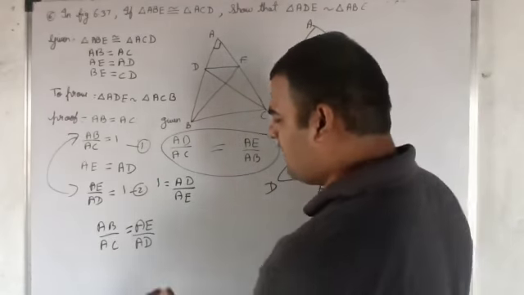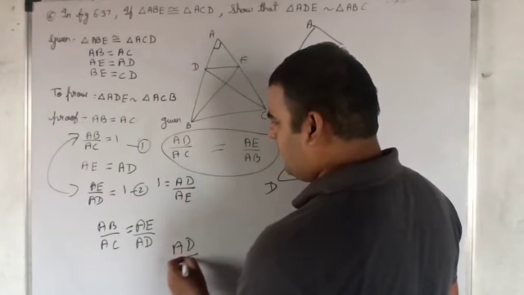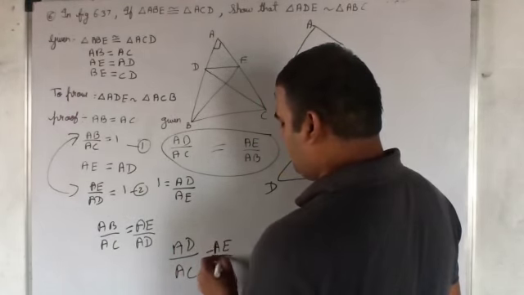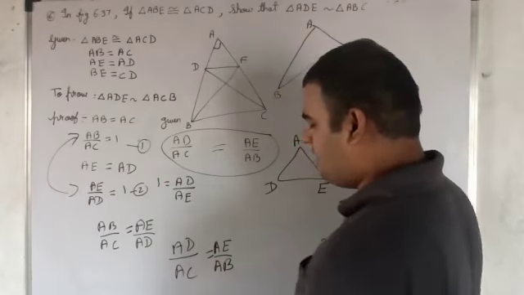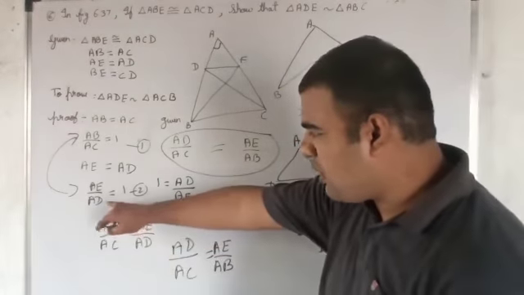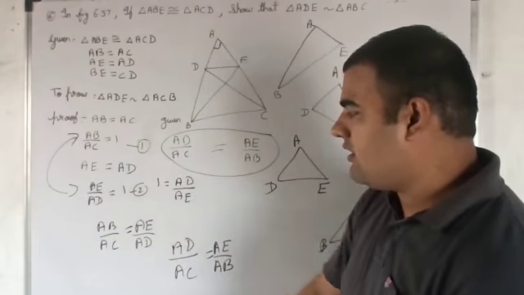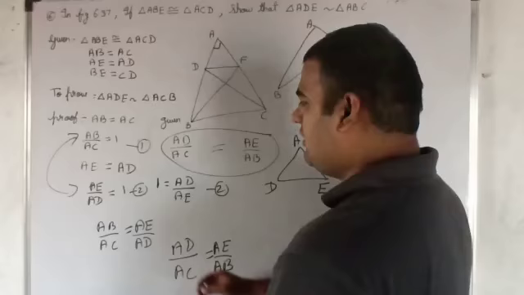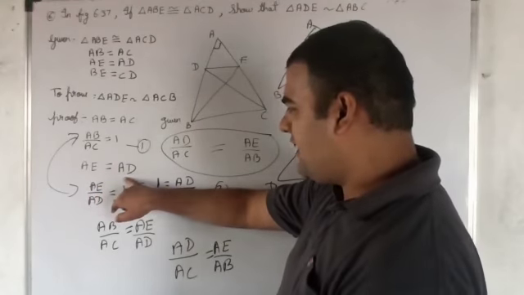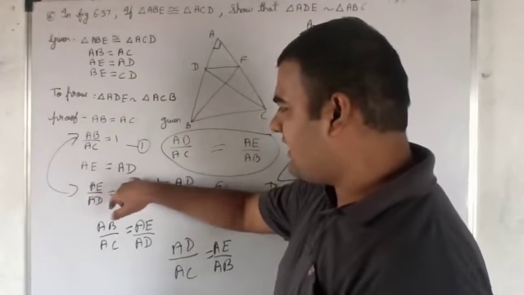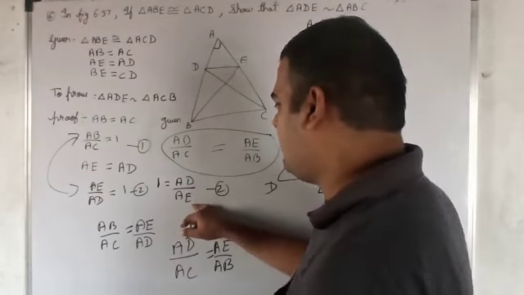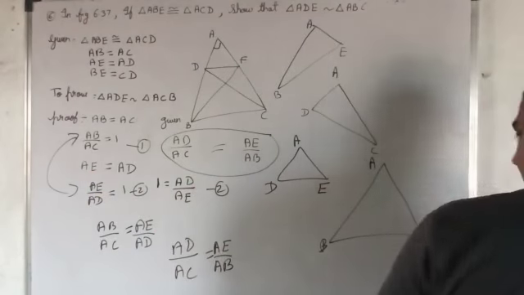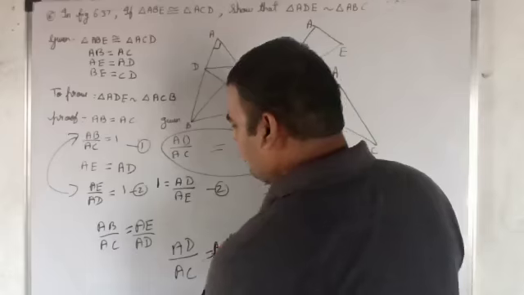What you will get is AD upon AC and AE upon AB. I think this is the proper substitution. But you can also write AE equals AD as AD upon AE. So I will erase it.